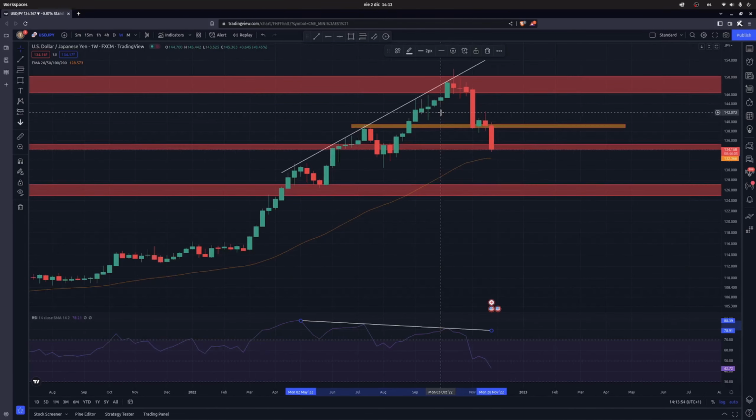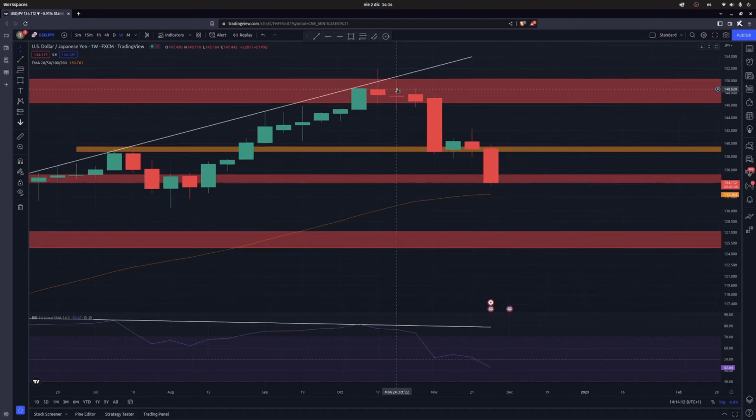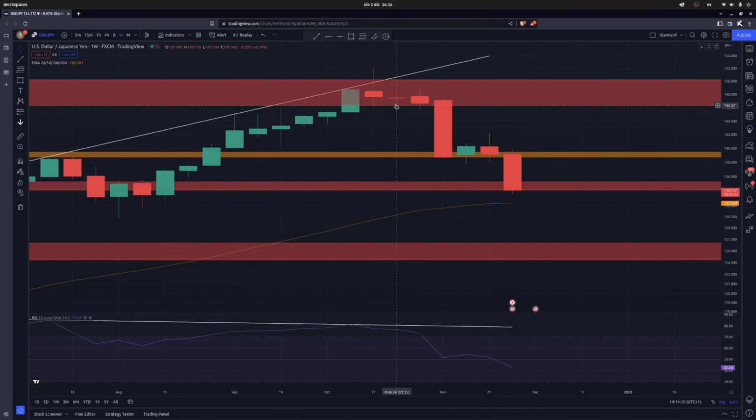So here, bearish candles, right? We had this long wick bearish candle after an 8-9 week consecutive bullish run, right? And we would have this bearish candle, this doji candle, and later this bearish engulfing candle, right?